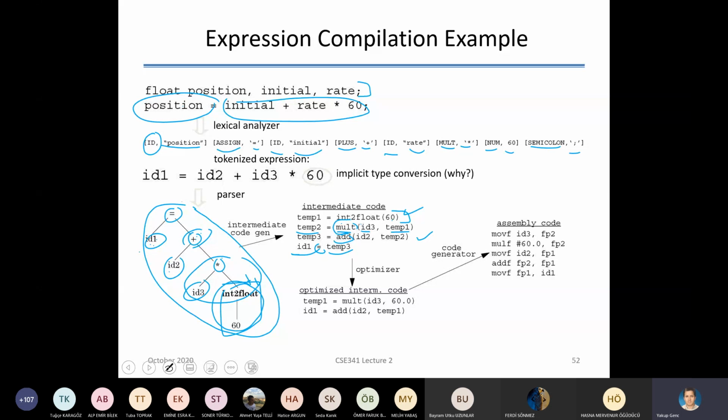Why? When you do the assignment, what you do is you take your number or value from whatever you have in your, let's say, arithmetic logic unit.